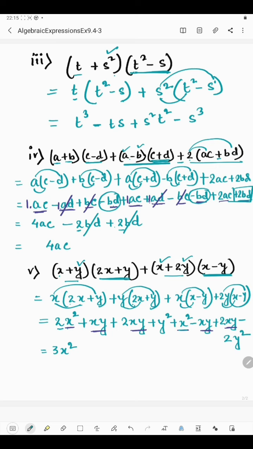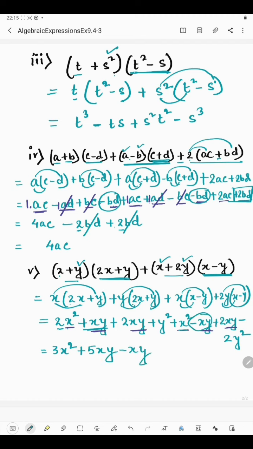Now at first we will add all these. See, this is having plus sign, this is also having plus sign, this is also having plus sign. So we will add all this and with the result we will subtract minus xy. Okay. Now 2 plus 2 is 4, plus 1 is 5xy. So here we'll write 5xy and with this we'll subtract minus xy.